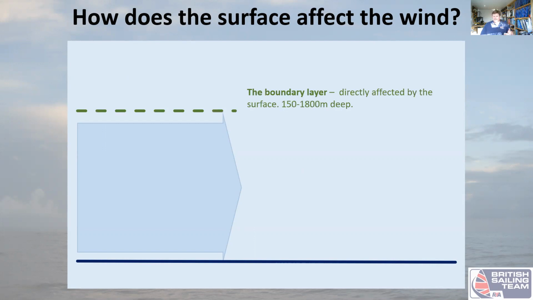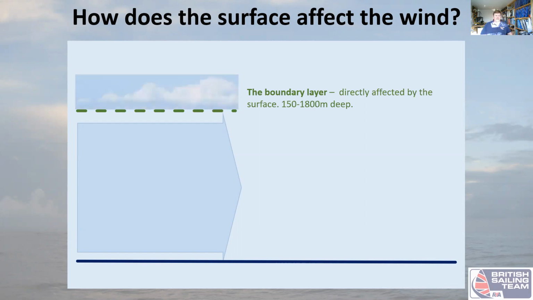That varies in depth depending on the temperature of the surface that it's flowing over. So in the UK, on a cold winter's night, it could be as low as 150 meters. On a warm summer's day, it could be as high as 1500 to 1800 meters. So very variable depending on the temperature of the surface that it's going over.